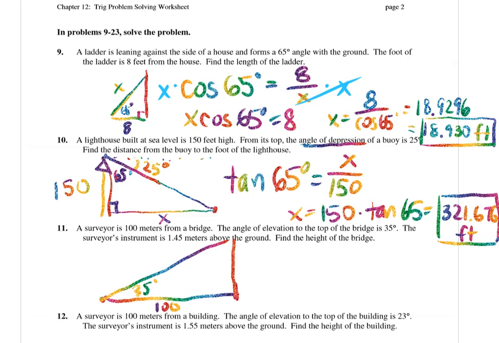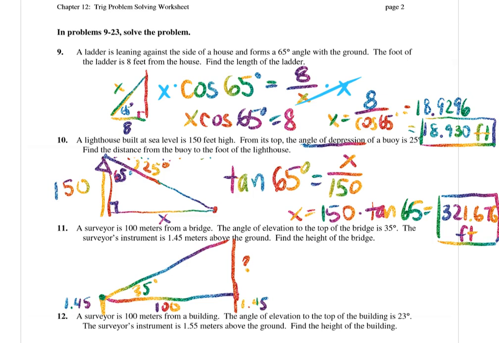Okay, so awkward. Where you are with your instrument is 1.45 meters above the ground. So if we can figure out this length here, its total height would have to include this part where it's slightly above the ground.